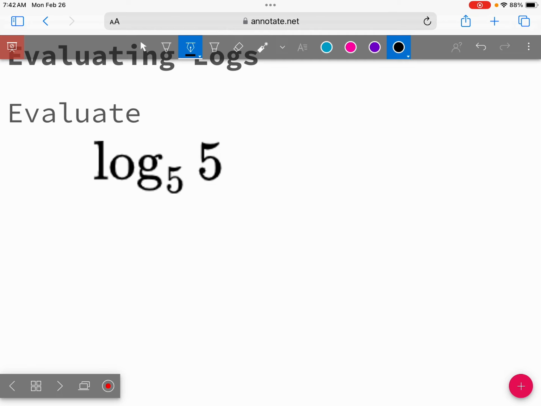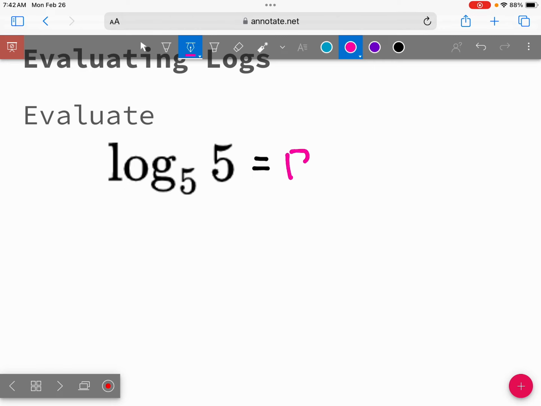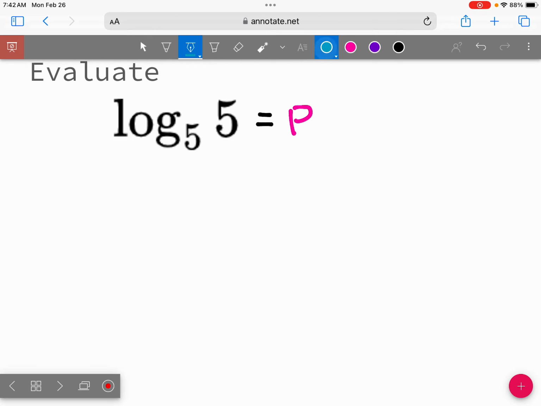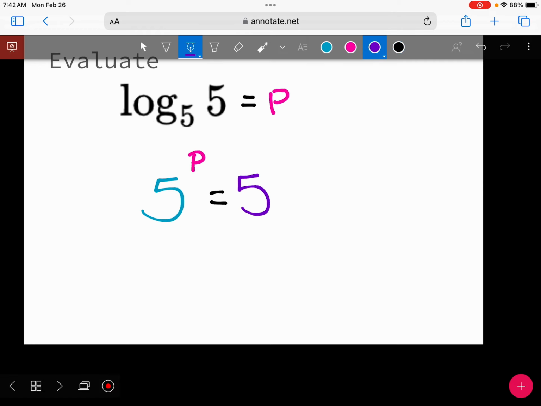So we've got log base 5 of 5, and we want to know what it equals. And it's going to equal a power of some sort, because log base b of a equals your power. So we know when we switch it around, we're going to have 5 to some power equaling that argument of 5.